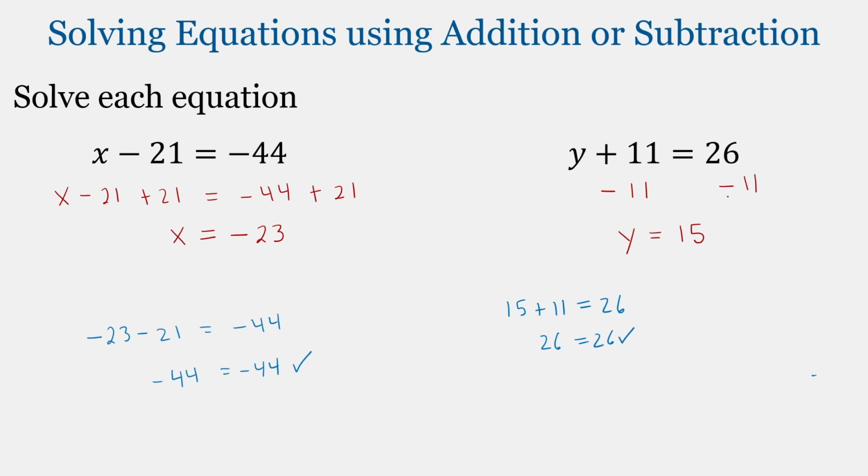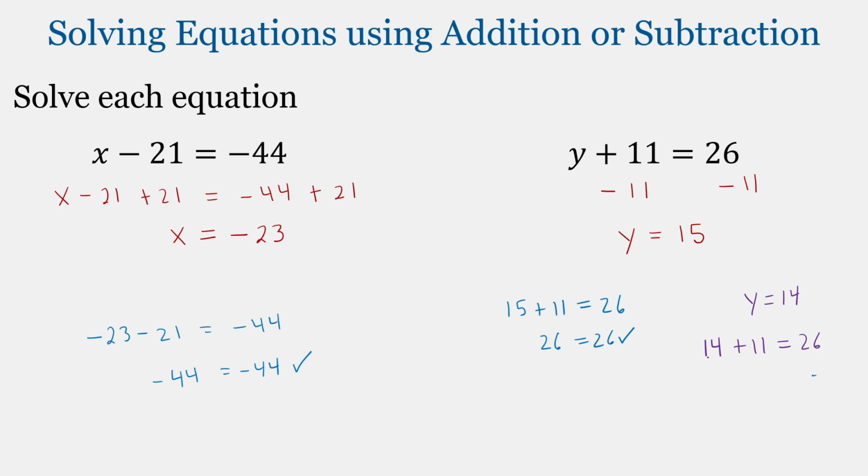Now let's pretend that as we did this arithmetic, 26 minus 11, we got y equal to 14. So we subtracted wrong. We made an error when we did our math. When we check our answer and plug that back into the original equation, where there's a y, we're going to put a 14. So we have 14 plus 11, equal to 26.